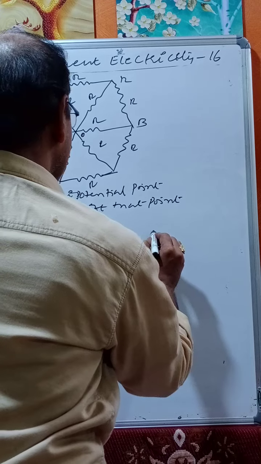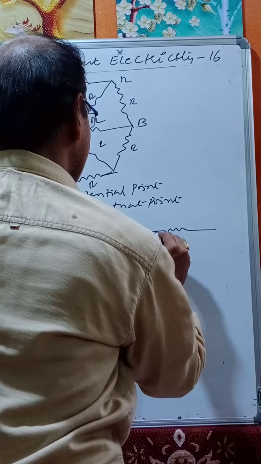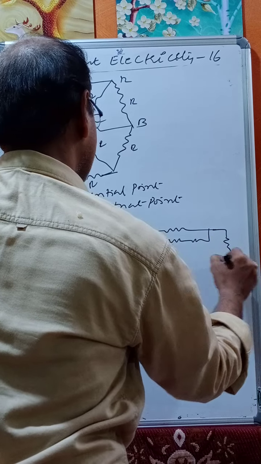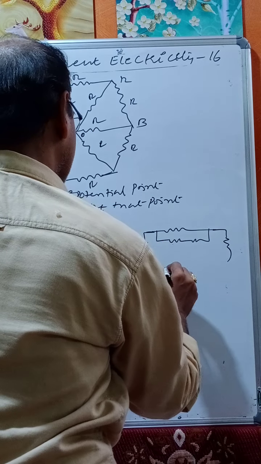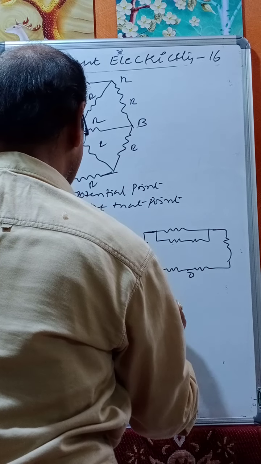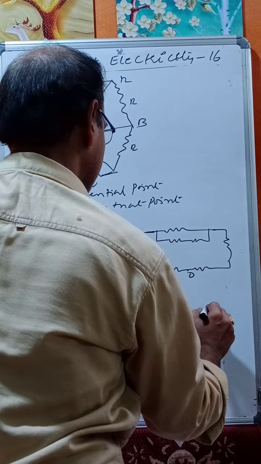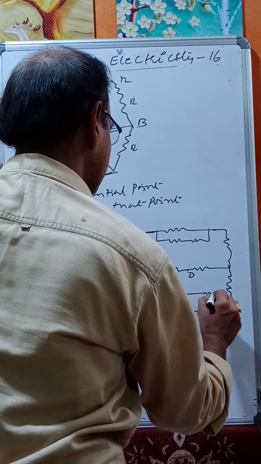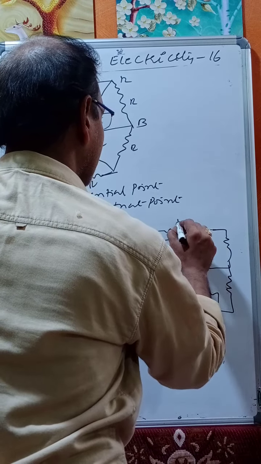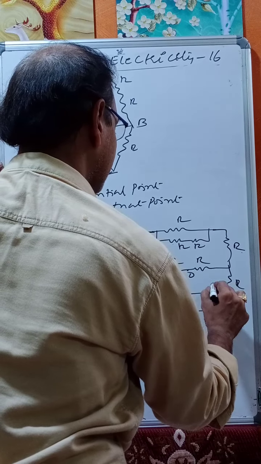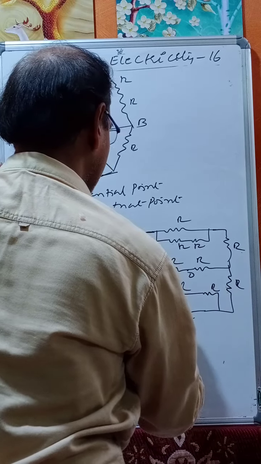This will be like this. This is point O. This is R, R, R, R, R, R, R, R, R, R, R, R.